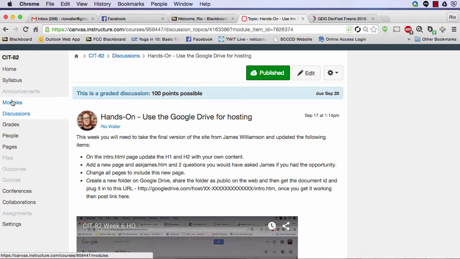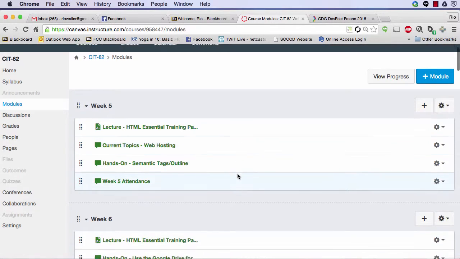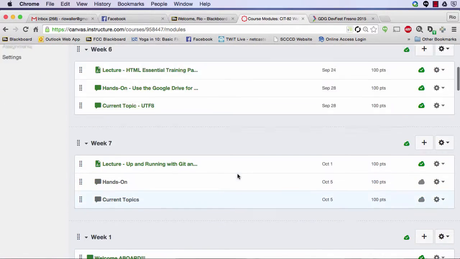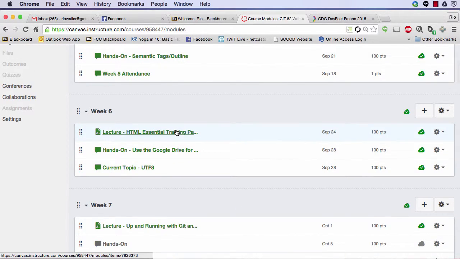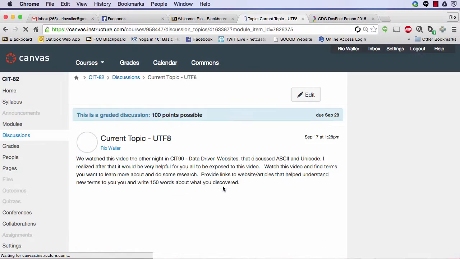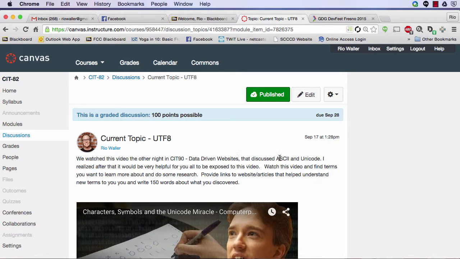So the other item that we have, besides the lecture, on week 6, we're in the last part of the essential training. And the other one is a really important topic that it would be interesting to see how many of you know what ASCII is and why we use it, and then Unicode and what it is and how we use it.